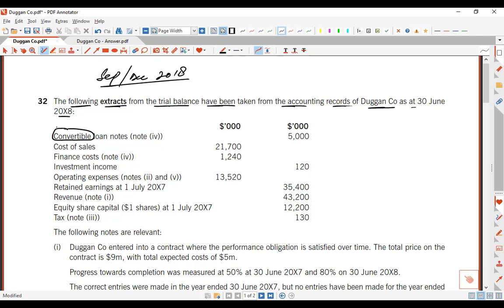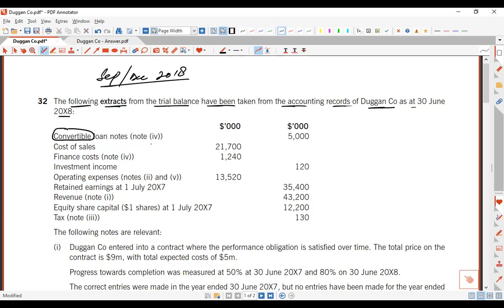So this compound instrument has basically two types of characteristics. So at inception, at the issuance date, we have to record convertible loan notes by breaking them into two components, liability and equity. Liability is calculated by using the present value of liability.